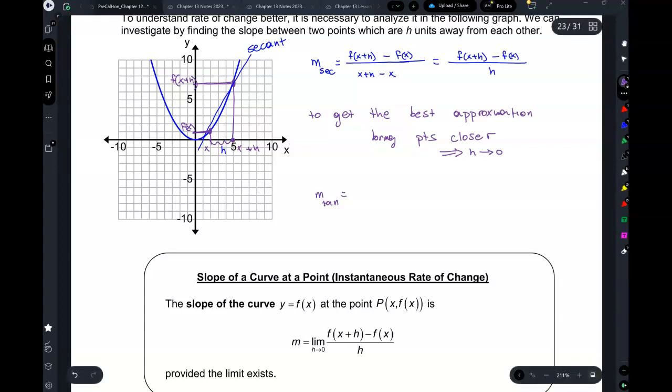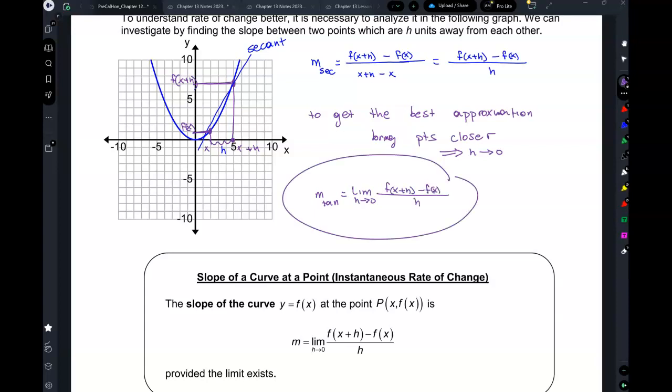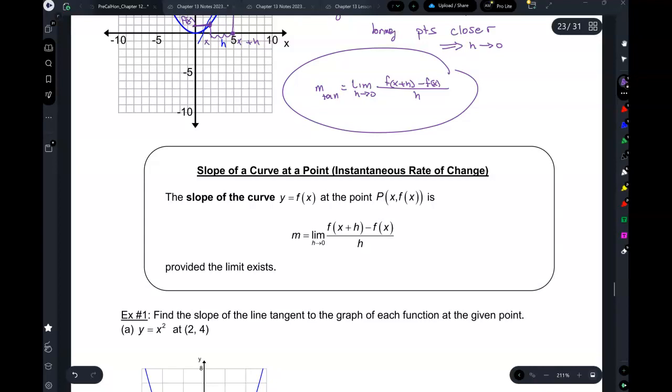And that's the same equation, except now h is going to be approximately 0. So it's going to be the limit as h approaches 0 of that equation that we had before. Okay? So this is the slope of the tangent line. And if I were to ask you, hey, find the slope on the graph exactly at the point 1, 1, that's what you have to do. It's like drawing a tangent line right there and finding the slope of that tangent line. Okay?